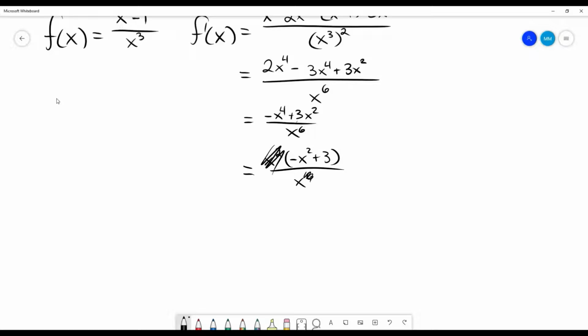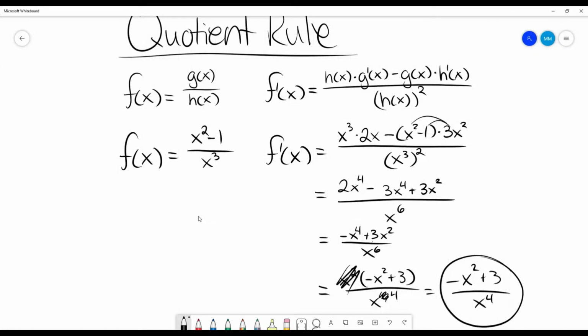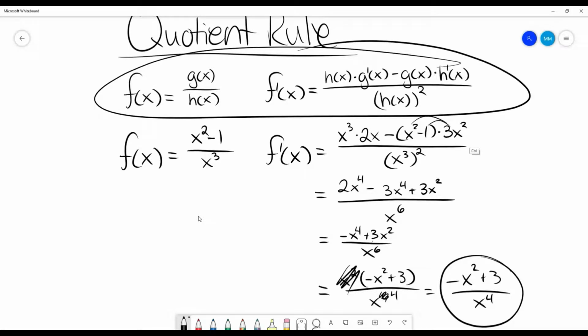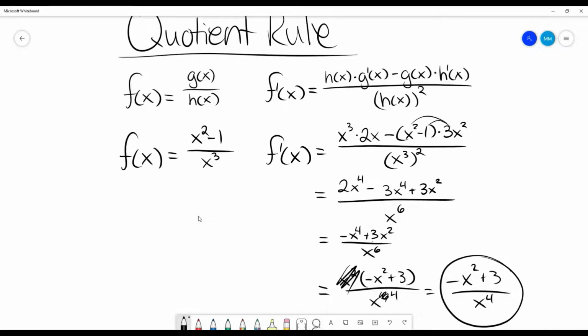That cancels out and that goes down to a 4. So our answer is negative x squared plus 3 over x to the 4th. But all we really need to focus on right now is the rule. So this bit up here, again, this is just an example to help us kind of see that application a little bit.